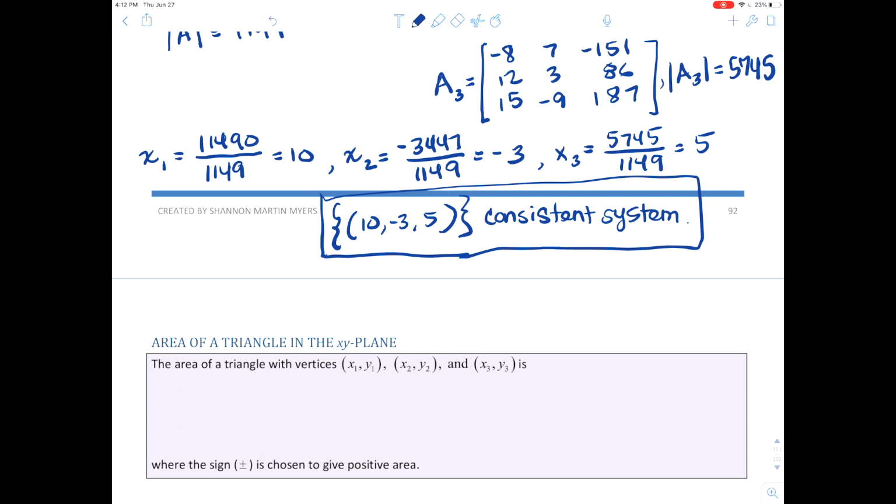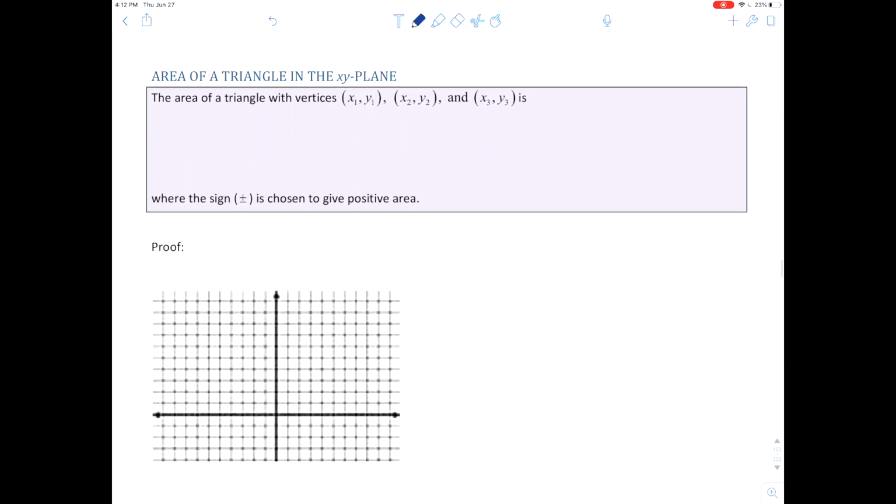Good? All right, so now we get to some cool applications, very visual ones.